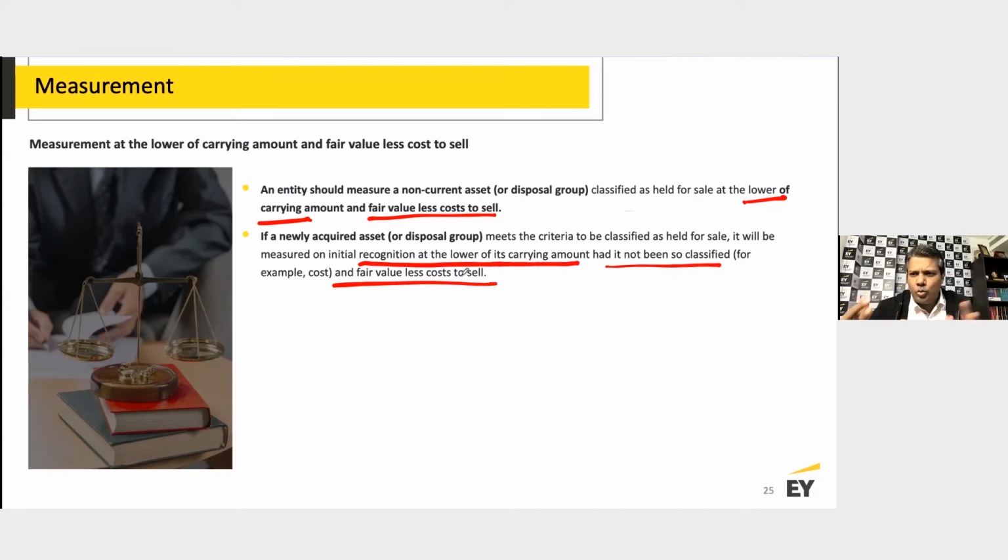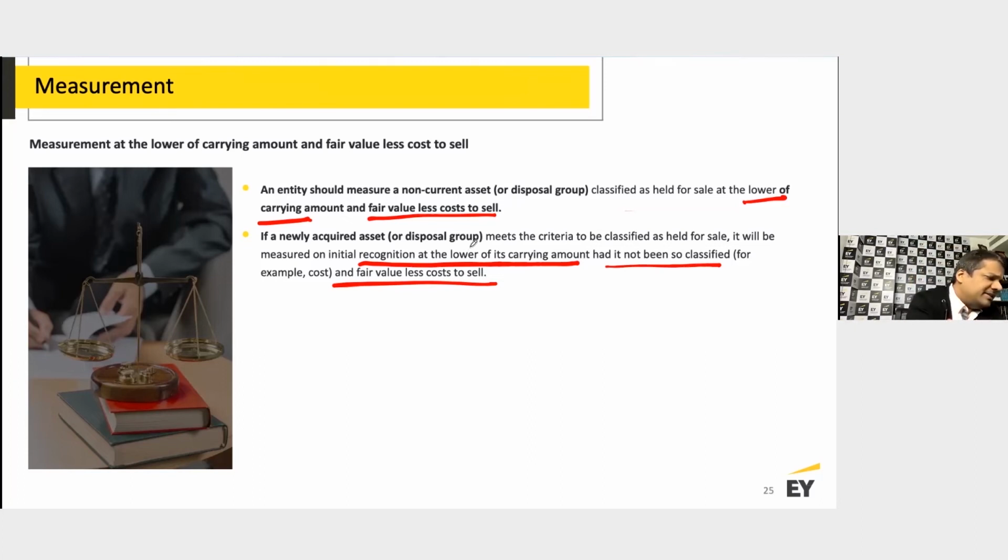So essentially you will end up with carrying value. It's extremely unlikely that you will have a further markdown, but possible in some scenarios, depending upon the circumstances under which you did that kind of transaction.